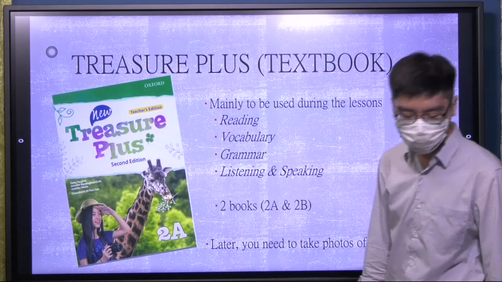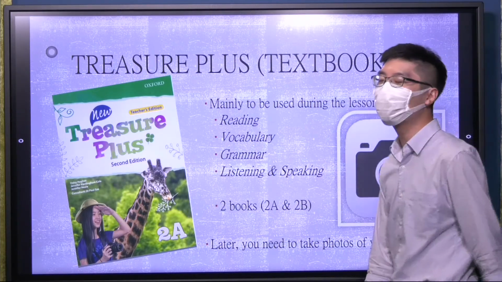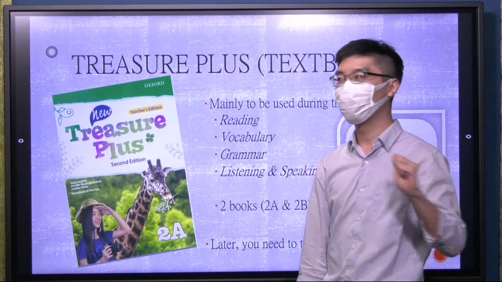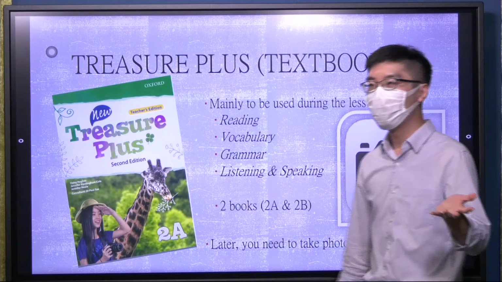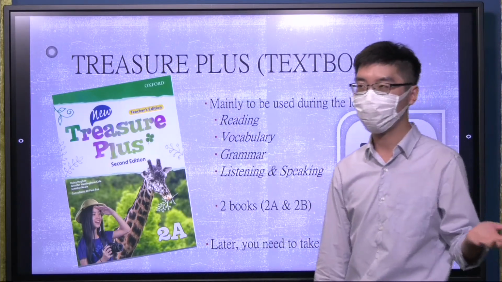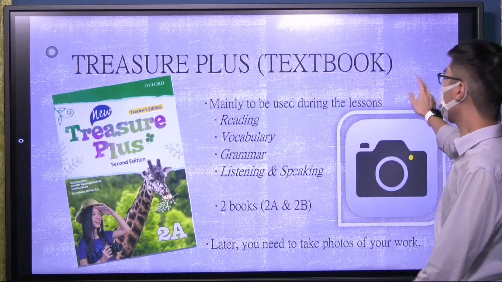And then you may need to take photos of your work and upload them to your Google Classroom for some assessments related to the textbook exercise. For example, we ask you to take a photo of your Treasure Plus pages 2 to 3, and then upload it.